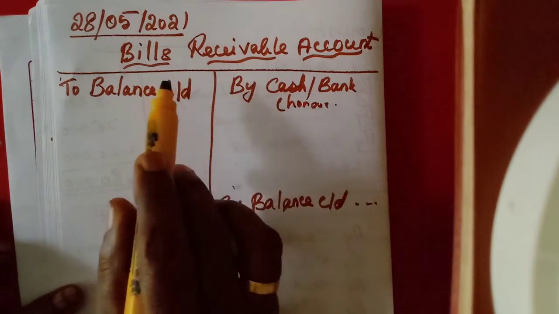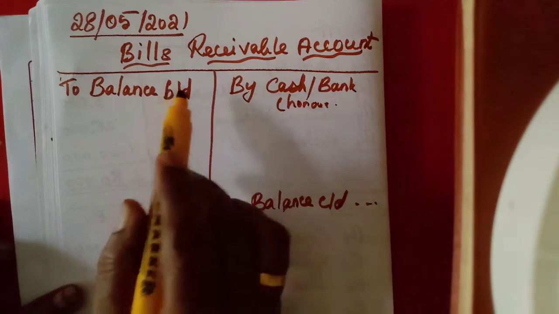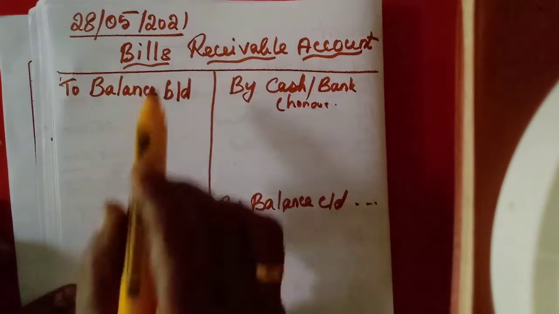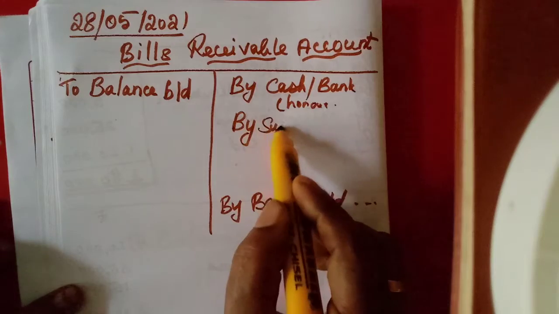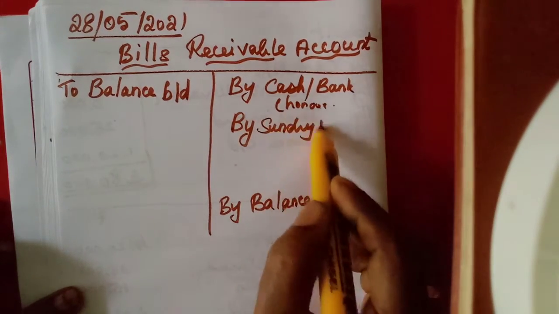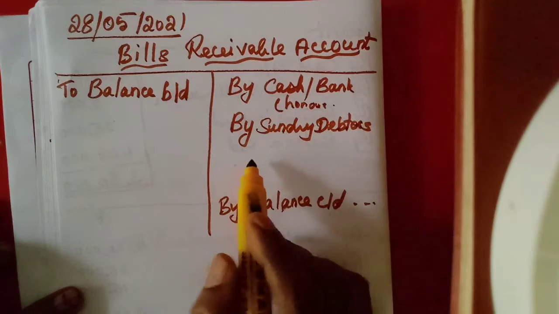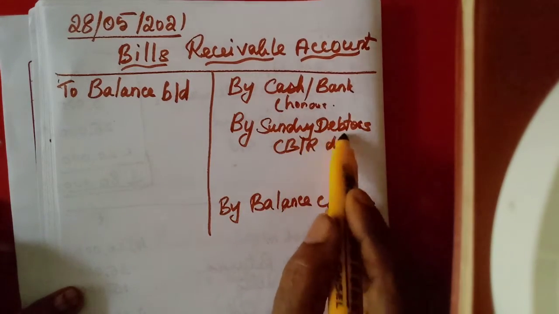Again we make their account debit. That means they become debtors again. So sundry debtors account debtor to bills receivable. So in this account we should write by sundry debtors account. This is bills receivable dishonor.